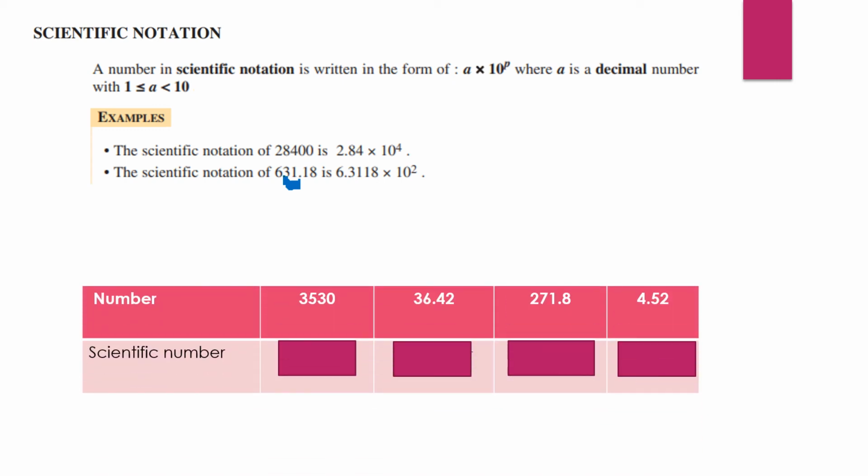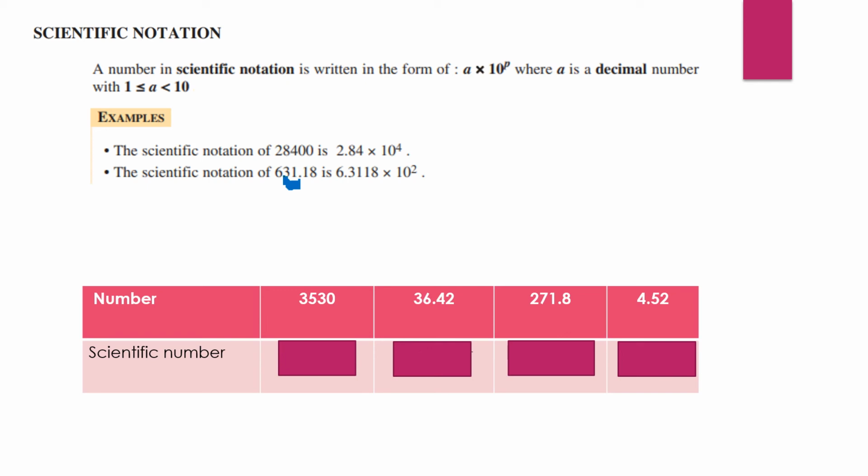Now we have a table. In the first row, we have numbers and I want to write them in scientific form. 3,530 is a number not between 1 and 10. So what can I do?